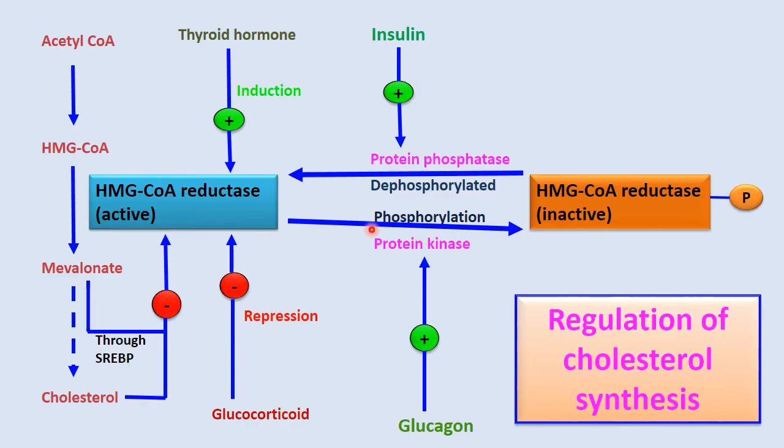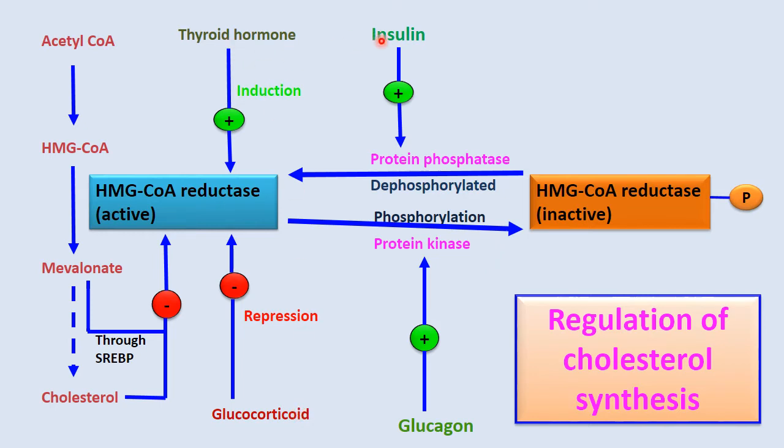Now let us see how it is happening. The HMG coenzyme A reductase enzyme is responsible for the conversion of HMG coenzyme A to mevalonate, and this mevalonate then finally synthesizes cholesterol. So this step is the rate limiting step. It is regulated by hormones like thyroid hormone, insulin, glucagon and corticosteroid hormones.